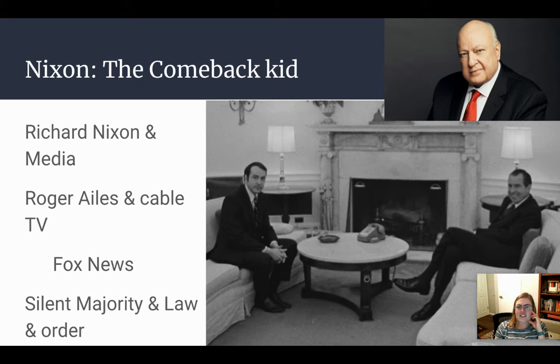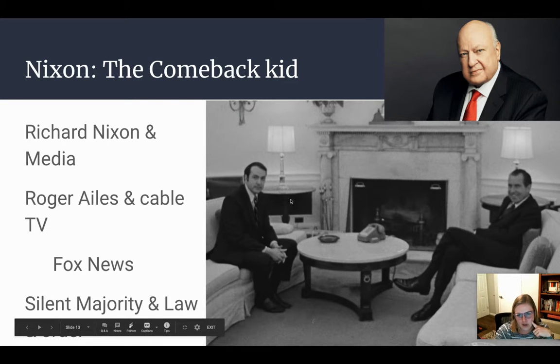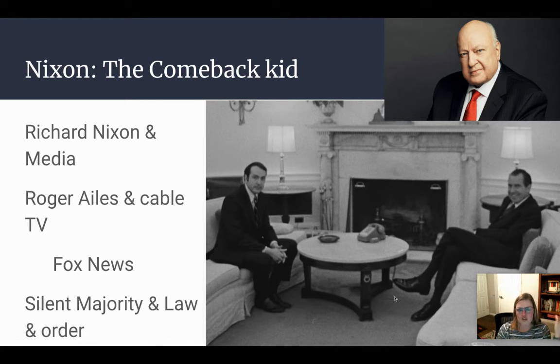So when Nixon decides he wants to run in 1968, he's going to enlist some friends. And he's going to enlist this guy in his young form and this guy is in his old form, Roger Ailes, to essentially use media to his favor. Roger Ailes is very famous because Roger Ailes will go on to found Fox News.